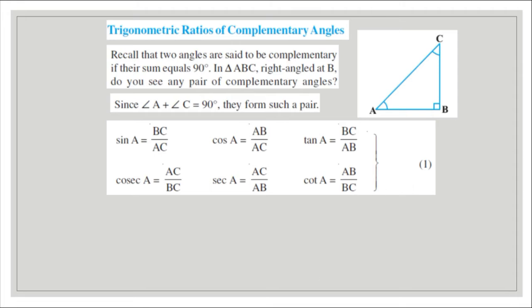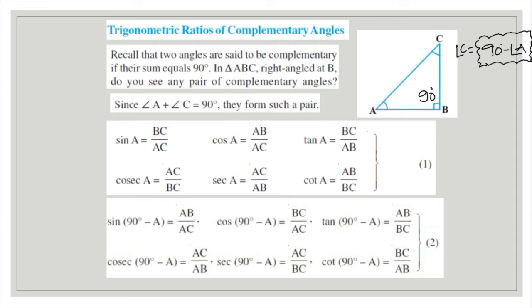sine of angle 90 minus angle A. If I have this as 90 degrees, angle C is the same as 90 degrees minus angle A. Now I'll define all the 6 trigonometric ratios with respect to 90 minus angle A. So sine of angle 90 minus A is AB by AC.